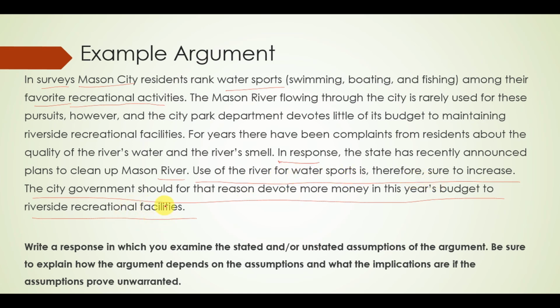So finally the city should devote more resources to riverside recreational facilities. Now what are the instructions?